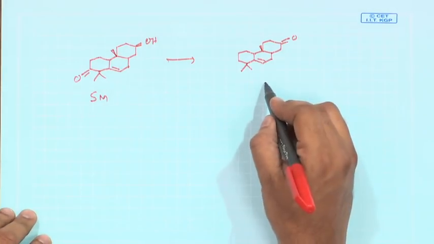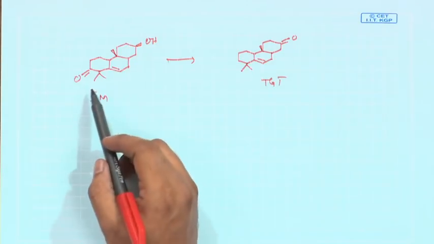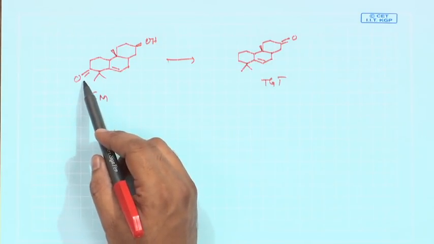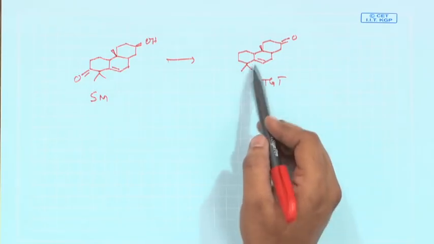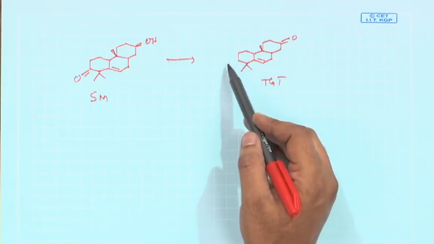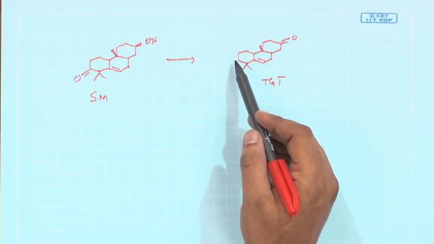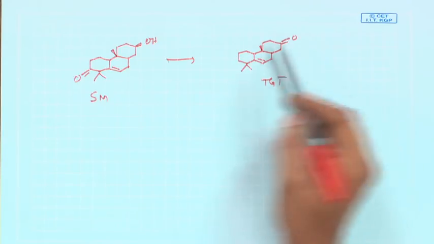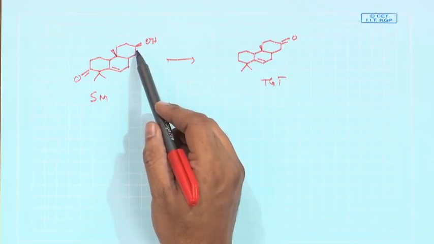The starting material has a ketone and a hydroxy group. In the final target, the ketone has been deoxygenated, or is basically a redundant functionality, and this end of the molecule, this hydroxy group, is now oxidized.